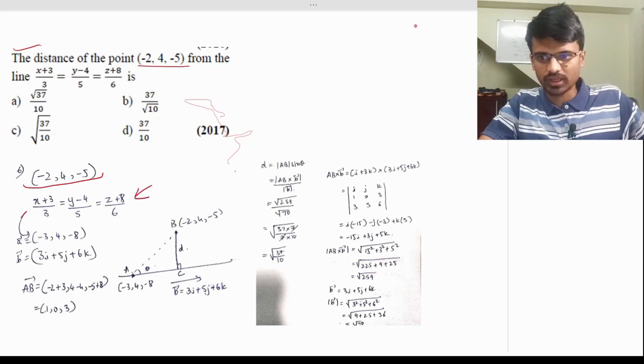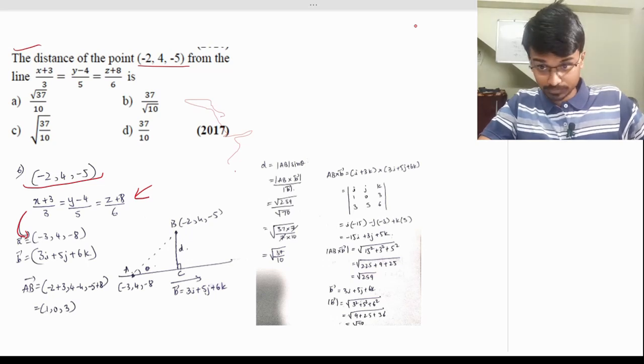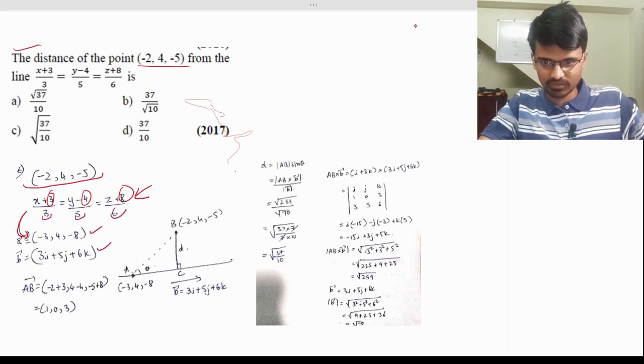From the equation of the line, I can extract the point from which the line passes. Those coordinates are nothing but minus 3 comma 4 comma minus 8, and the parallel vector is nothing but the denominators, 3, 5 and 6. So these things are found out. Let me put them here.